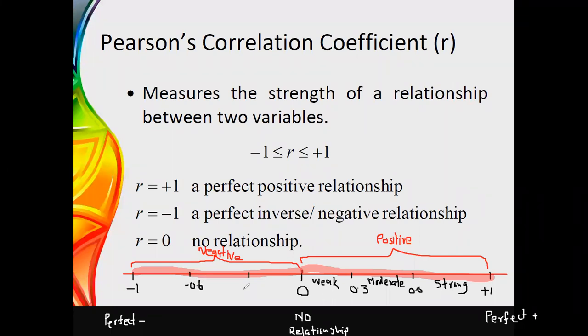Here it is -0.6 and here it is -0.3. Here we get a weak but negative relationship, here it is moderate, and here it is strong. This is how we identify weak, moderate, and strong relationships.